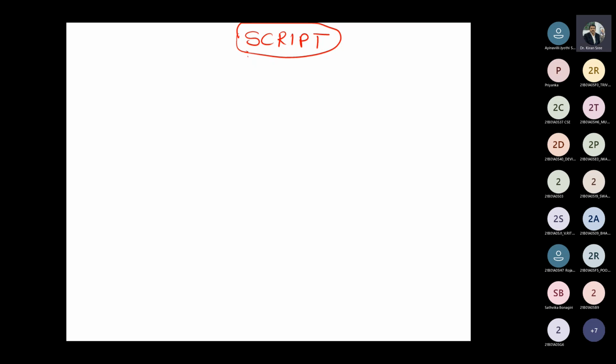So in Prolog, we have a very easy way of representing the scripts. For a script to be represented, we need to have a name. Like I said last time when I took class, the script that we have taken is some restaurant script. Some restaurant we went to.